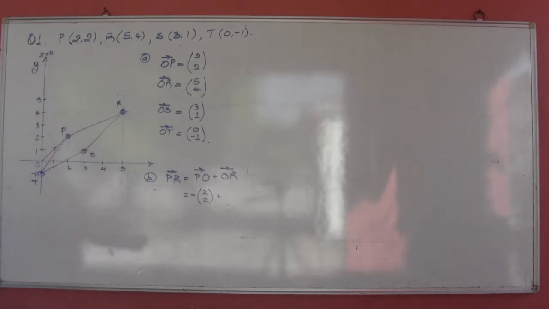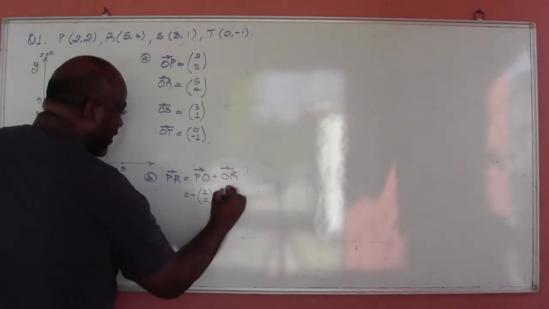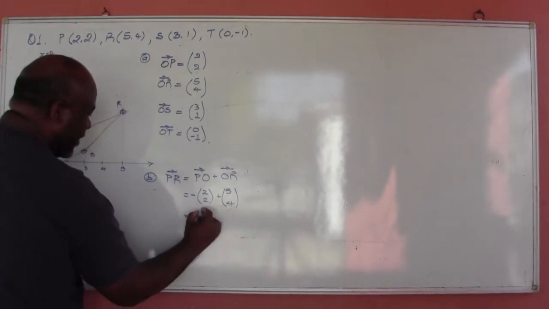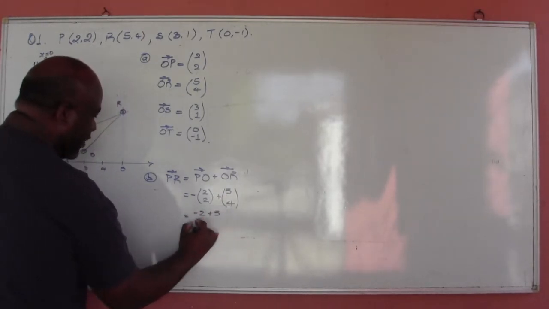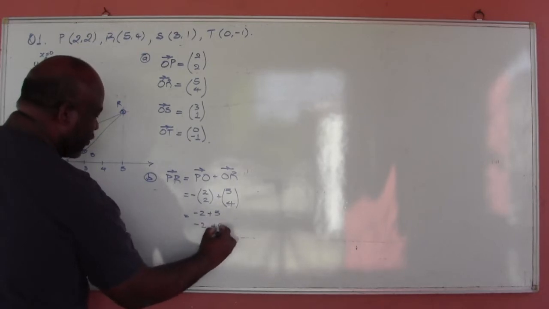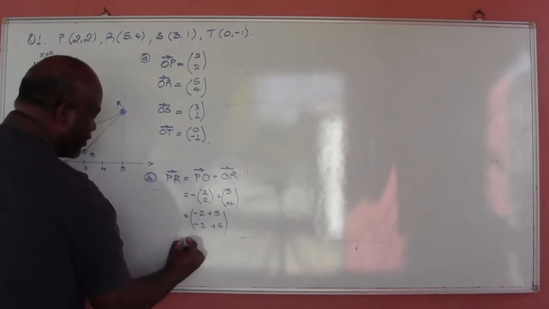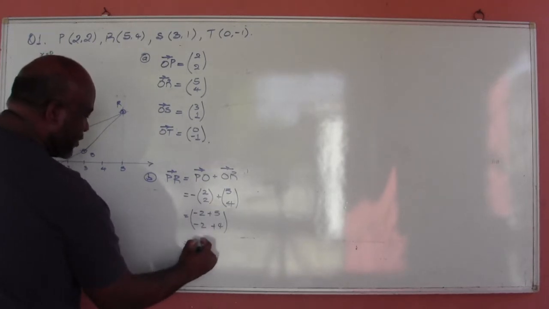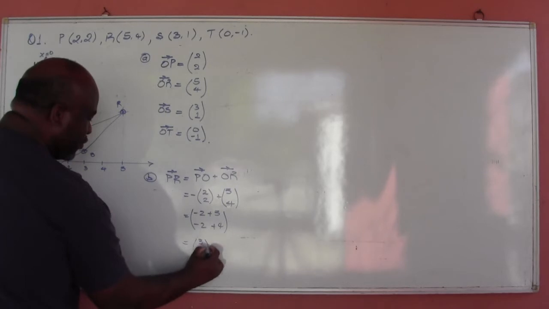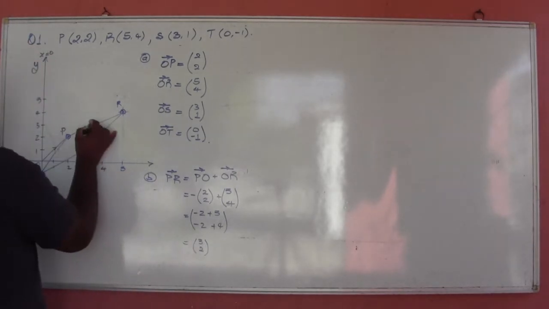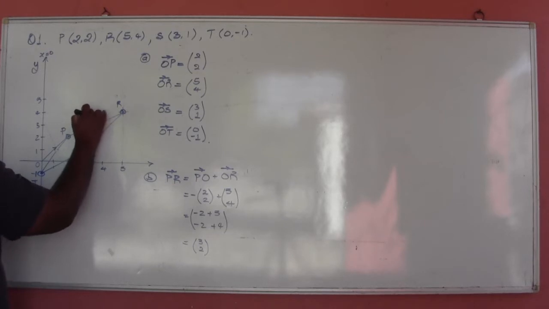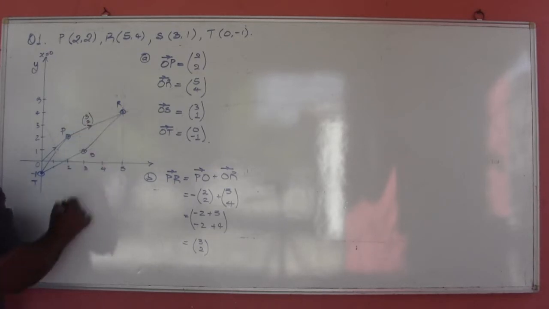Now OR is the vector 5, 4. If you add these, you get minus 2 plus 5, minus 2 plus 4. So PR is the vector 3, 2.